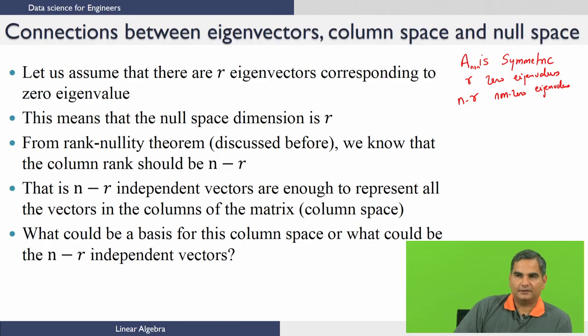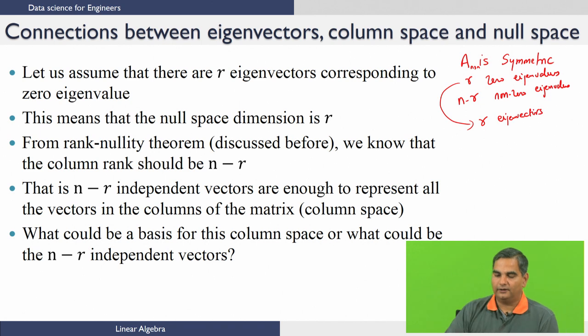and from the previous slide we know that the r eigenvectors corresponding to these r 0 eigenvalues are all in the null space. Okay. So, since I have r 0 eigenvalues, I will have r eigenvectors corresponding to this. So, all of these r eigenvectors are in the null space, which basically means that the dimension of the null space is r, because there are r vectors in the null space.